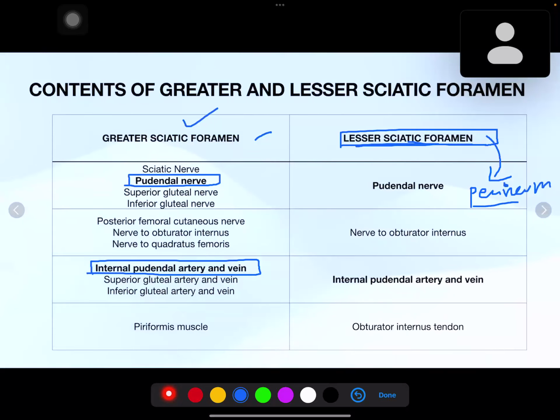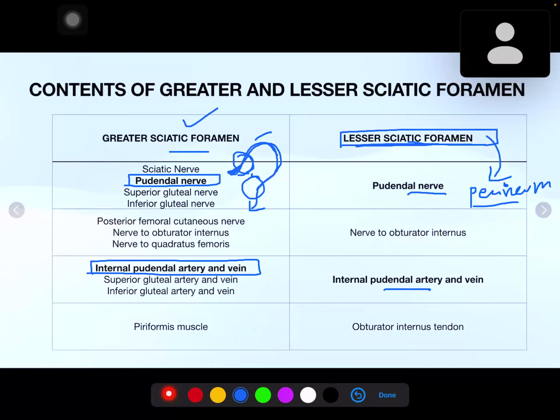So basically, why the pudendal nerve goes through the greater sciatic foramen is, you can remember that it just goes backward, outward through the pelvis, through the greater sciatic foramen, and then re-enters the pelvis. So from the greater sciatic foramen it goes outward, and then it re-enters through the lesser sciatic foramen to go to the perineum, because the pudendal nerve is the main nerve supply and blood supply for our whole perineum.